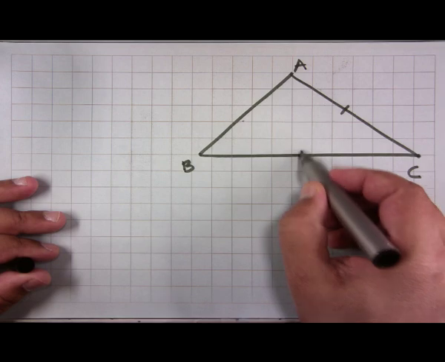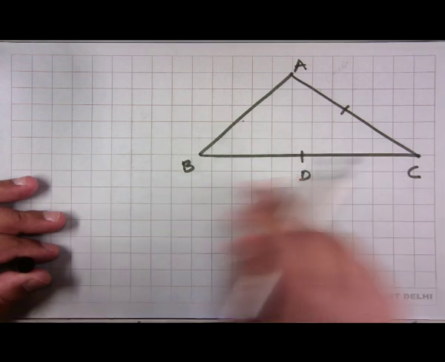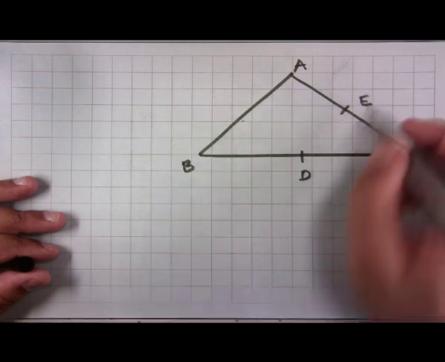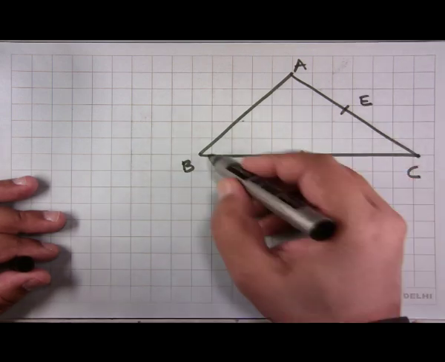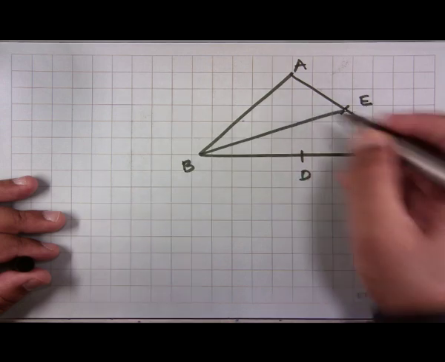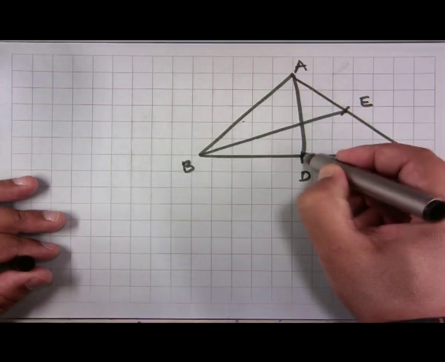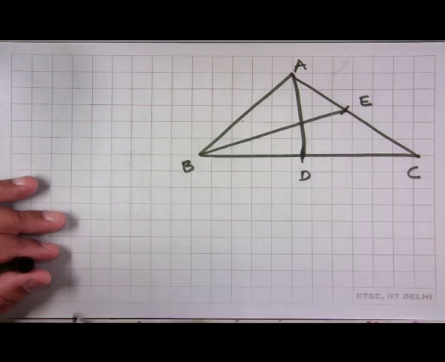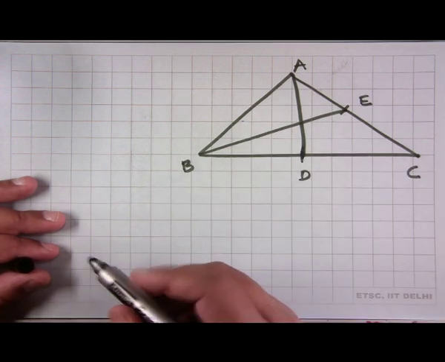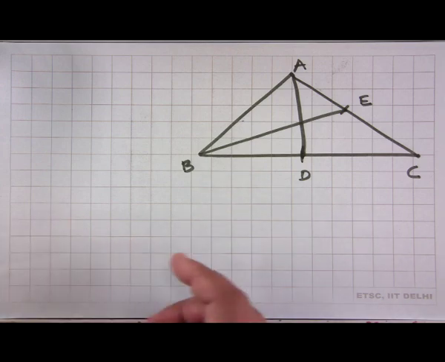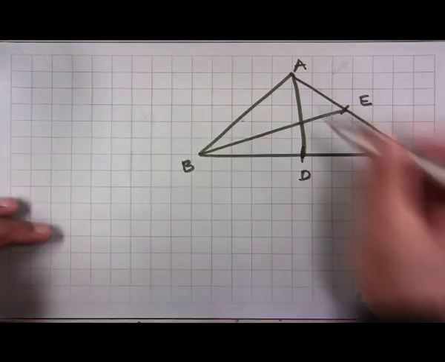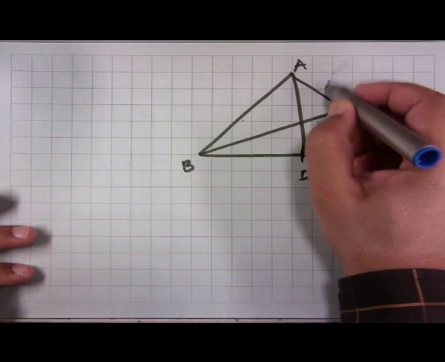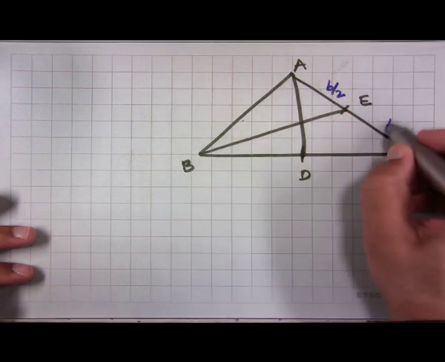These are the midpoints. So point D is the midpoint of BC, point E is the midpoint of AC, and these are the two medians. And of course, this length AE is B by 2, CE is also B by 2.